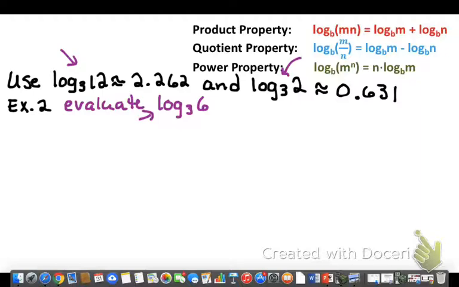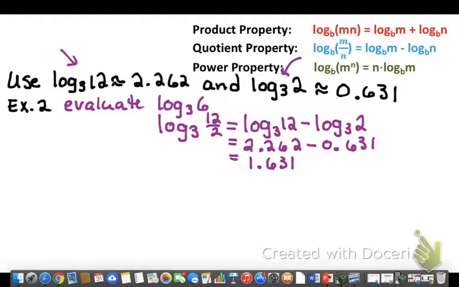We know 6 is the same as 12 divided by 2. So again, we converted the 6, we changed that to be equal to 12 over 2. So now we can use the quotient property, which means we subtract, then we just subbed in our given values, and our answer is equal to 1.631.